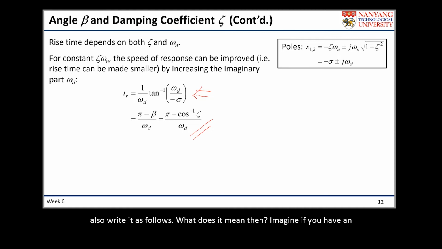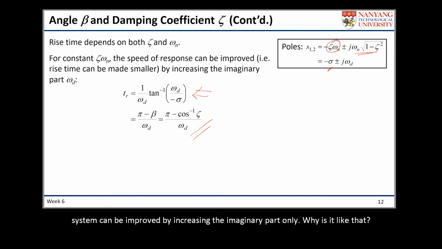What does it mean then? Imagine if you have an underdamped second order system, but somehow you can keep the real part constant, by any means. If you keep the real part constant, the zeta omega n, or the sigma, the speed of the response of your underdamped second order system can be improved by increasing the imaginary part only.